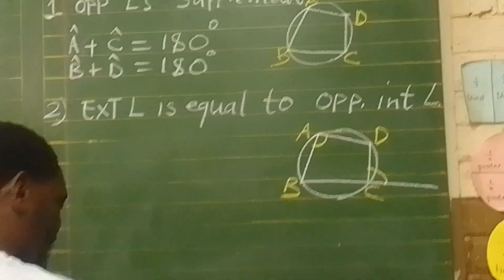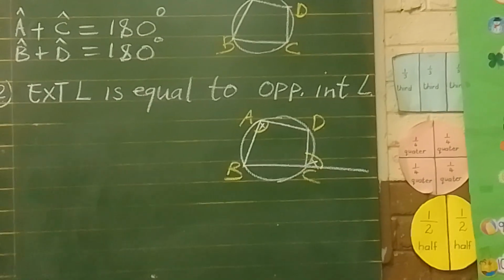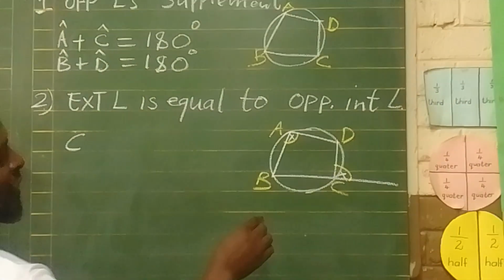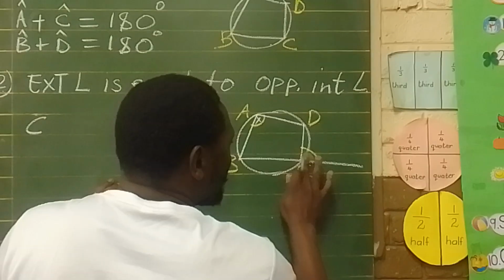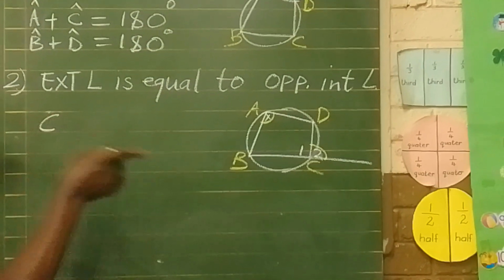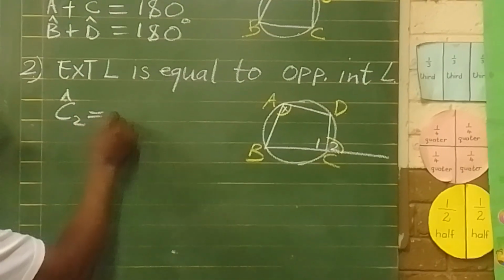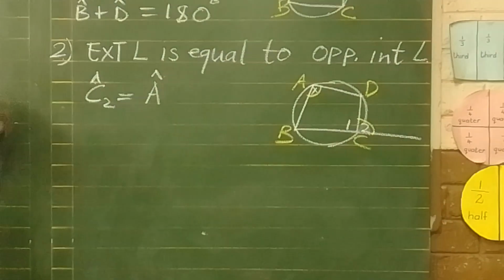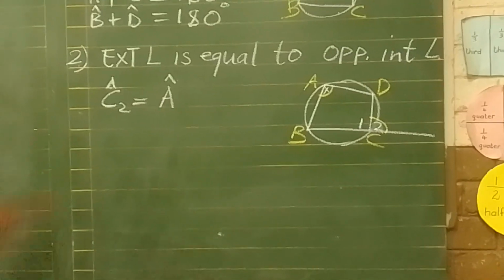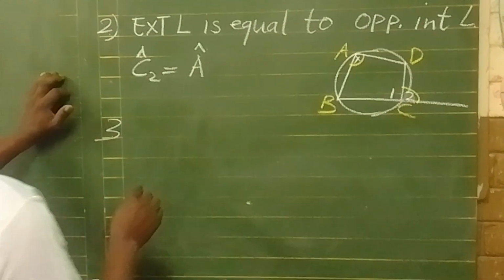That means this angle is equal to that angle. Angle C, let's say this is 1 and 2. We have proven in the previous videos that C2 is equal to angle A. The exterior angle is equal to the opposite interior angle. This is the second condition.